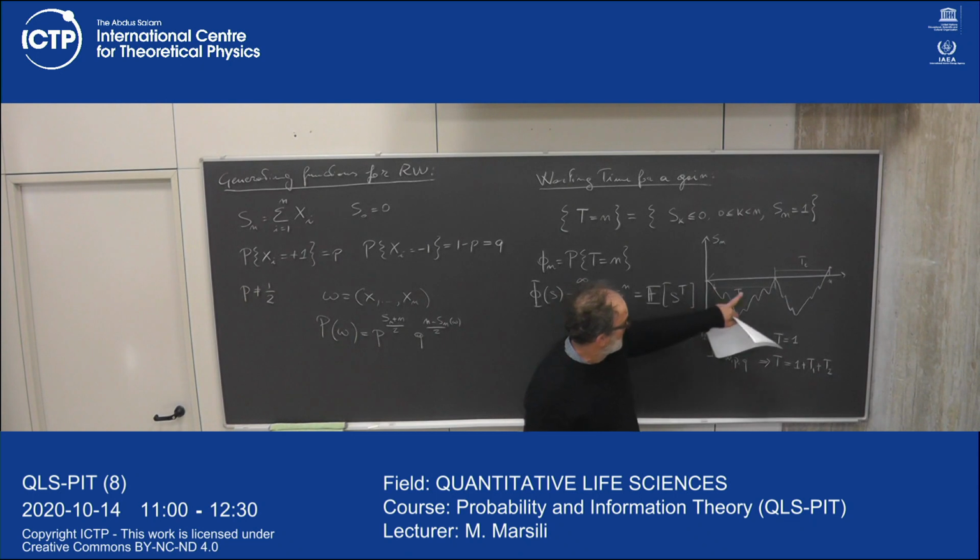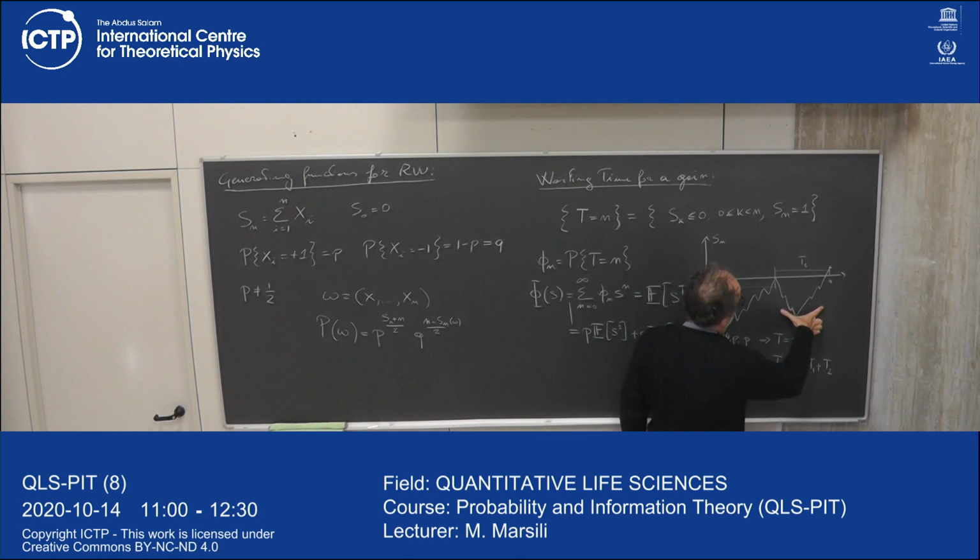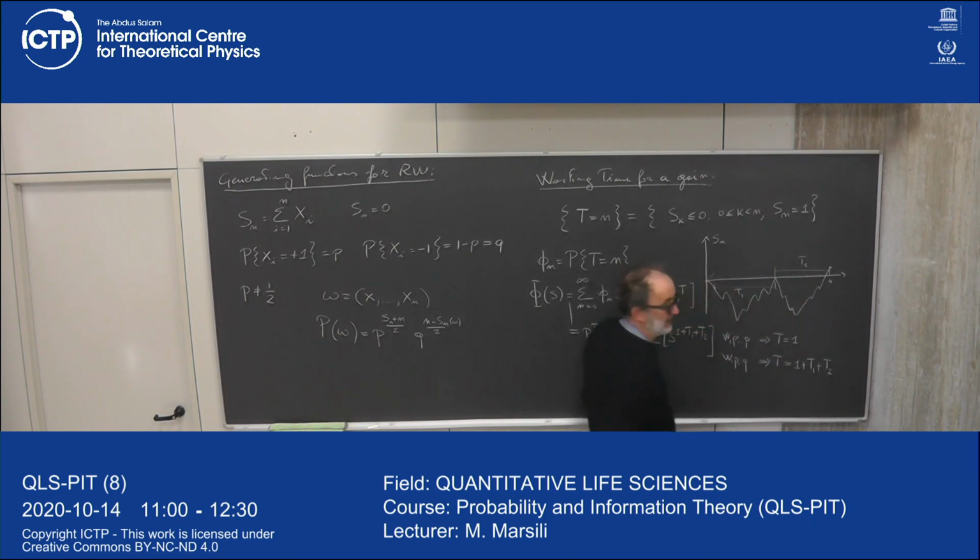And T2 is also a random variable with exactly the same distribution, because it's the waiting time for the first gain starting from this point here. Because the random walk in this time interval is independent of the random walk in this time interval, T1 and T2 are independent.